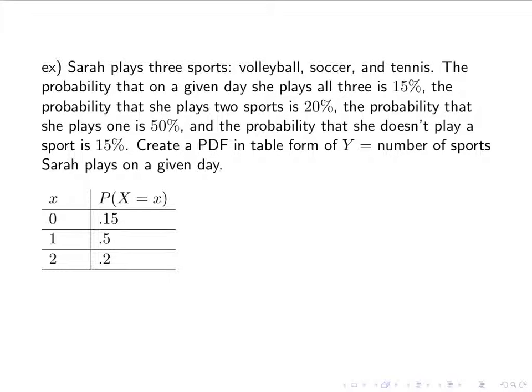X could be 2. The probability that she plays 2 sports is 20% or 0.2. X could also be 3, and the probability that she plays 3 sports is 0.15. She doesn't play 4 sports, so X can't be 4 or 5 or 6 or anything else. So these are the only possibilities, 0, 1, 2, or 3. And if I add them all up, I should hopefully get 1, which I do.